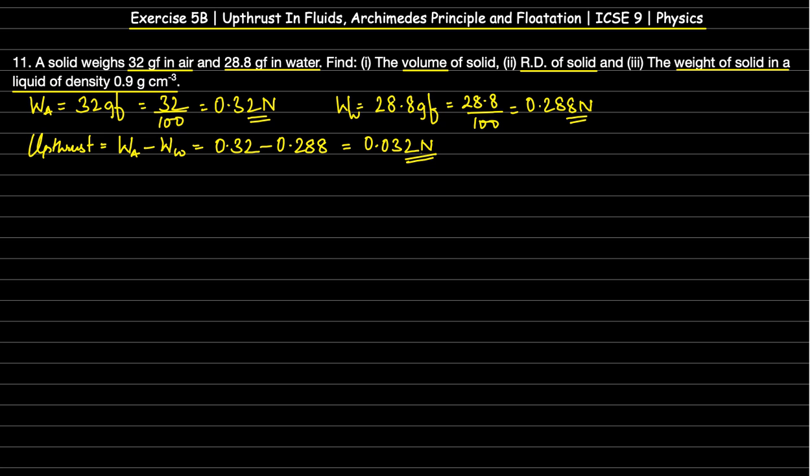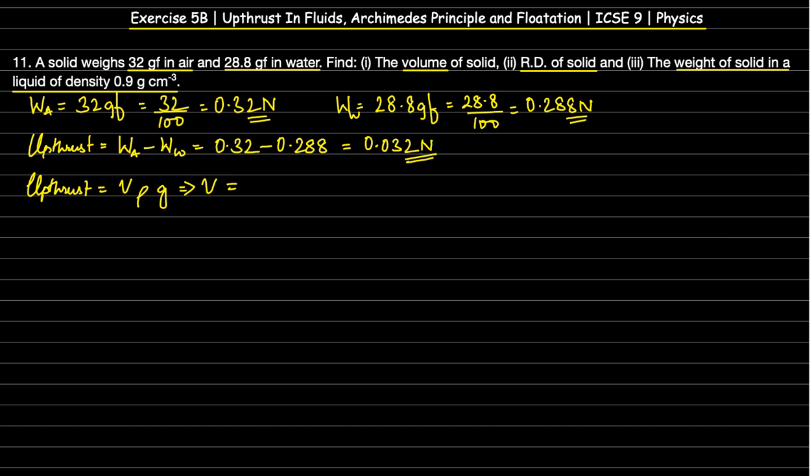Now we know the formula upthrust is equal to V rho g. So I'll be using that formula. Upthrust is equal to V into rho into g. We would be considering acceleration due to gravity as 10. So volume will be equal to upthrust divided by rho into g.